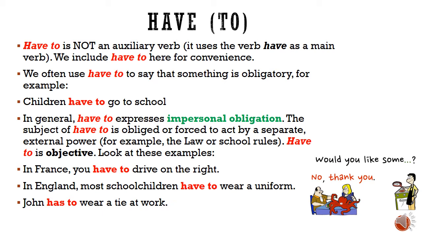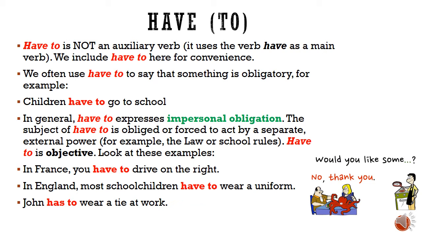Again, in general, have to expresses impersonal obligation. The subject of have to is obliged or forced to act by a separate external power. For example, the law or school rules. Have to is objective. Look at these examples. Meaning, the main point here is that have to expresses something very, very necessary or very obligatory.